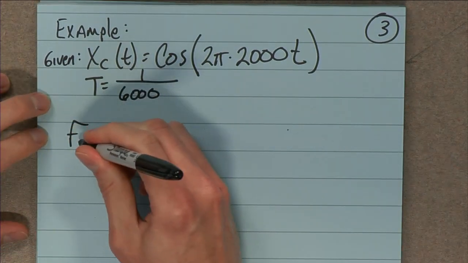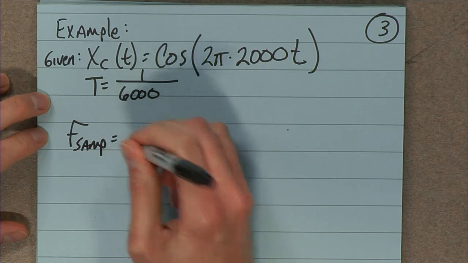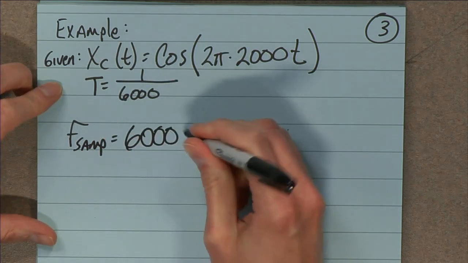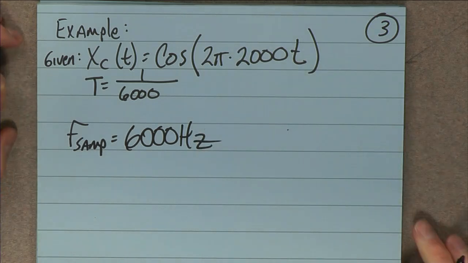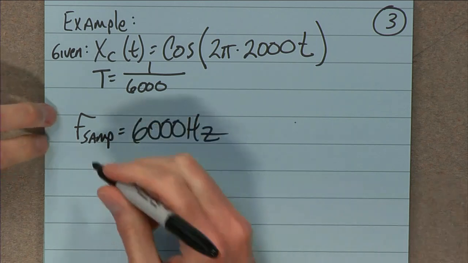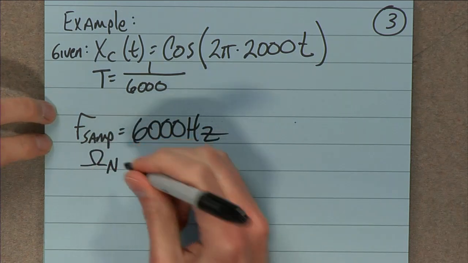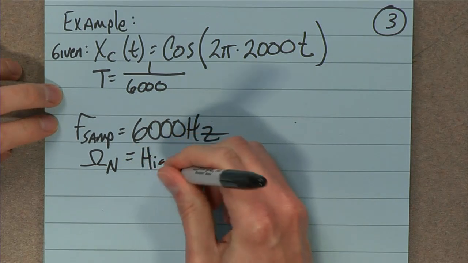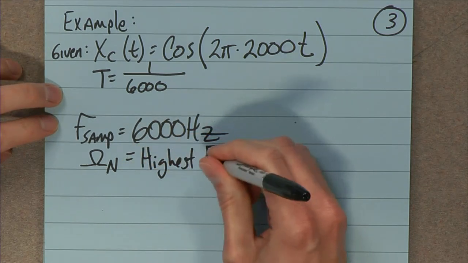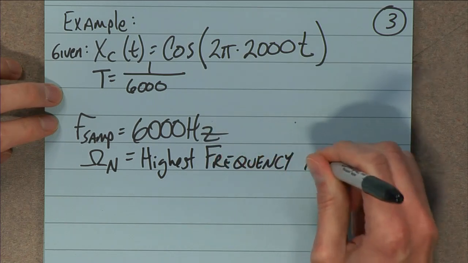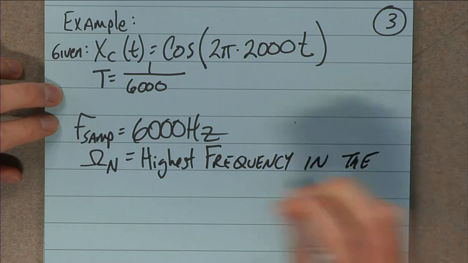So f sample is 1 over capital T, so that's just 6,000 hertz. And what is omega N, the highest frequency? Remember, omega N was the Nyquist rate, which was the highest frequency in the signal spectrum.